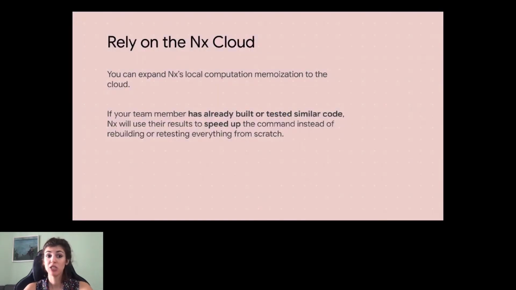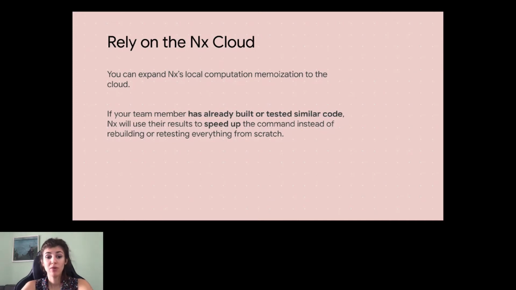Then you get access to the Nx Cloud. You can expand Nx's local computation memoization, which is the caching essentially, to the cloud. So you have Nx cache locally. So if you run a command to build or to test something, the Nx cache will take over, and it will know that if you rerun the same command and you haven't changed any code, it will fetch the results from the cache.